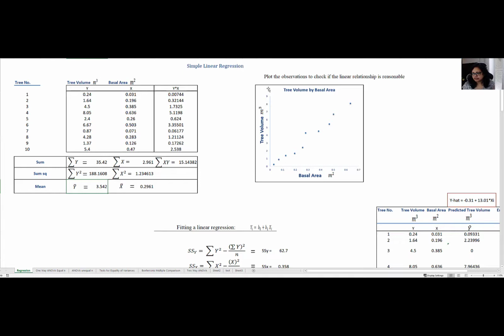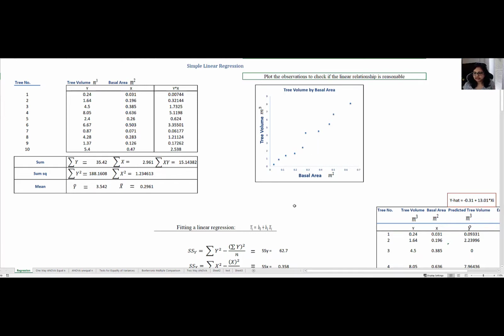I also first plotted the observed values to see whether there is any relationship between them. If I plot volume versus basal area, you can see that yes, definitely there is a relationship going on. Then we would like to find where we should start, and what the slope value is.